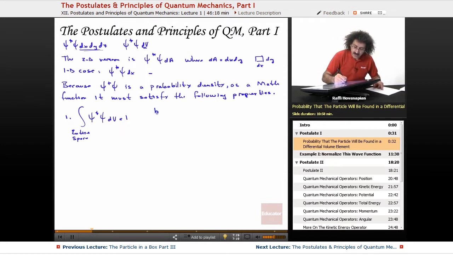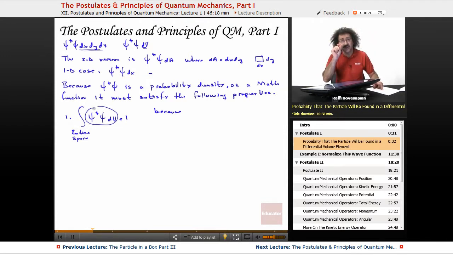And here's why. So we said that this thing right here is the probability of finding it in a particular differential element. Well, if I'm integrating over the entire space, I know that I'm going to find it somewhere in that space.